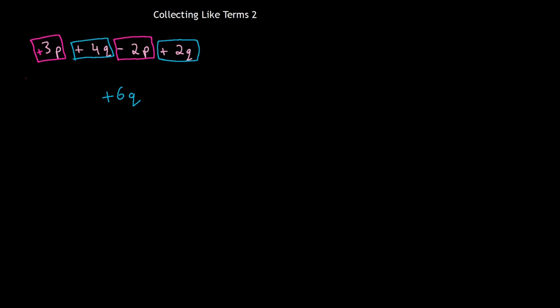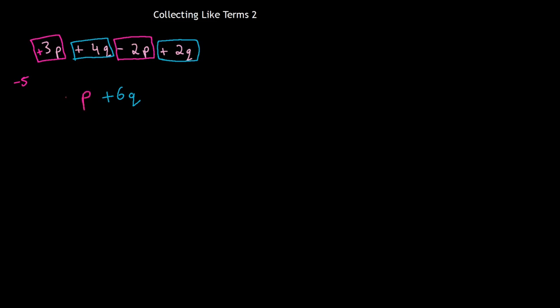If I was to write the number 5, you would instinctively know that this is a positive 5, even though there isn't a sign, unless there is a negative sign next to it, which turns it into a negative number. So that 3p is a positive 3p. So 3p take away 2p makes 1p, a positive 1p.